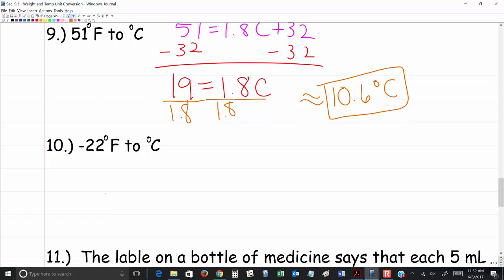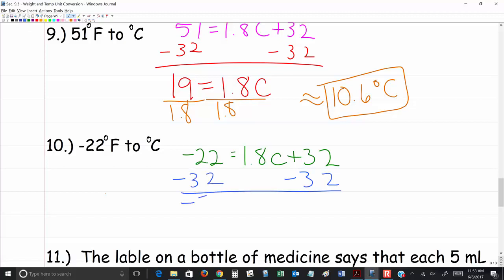All right, number 10, same thing. Negative 22 equals 1.8 C plus 32. Subtract 32 from both sides.